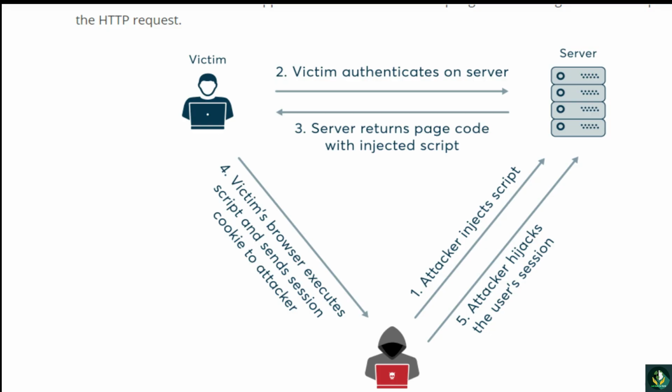The attacker injects a script first in the server, then the attacker hijacks the user's session. The server then returns the page code with the injected script, and finally the victim's browser executes the script and sends the session cookie to the attacker. This is how the HTTP request is manipulated.